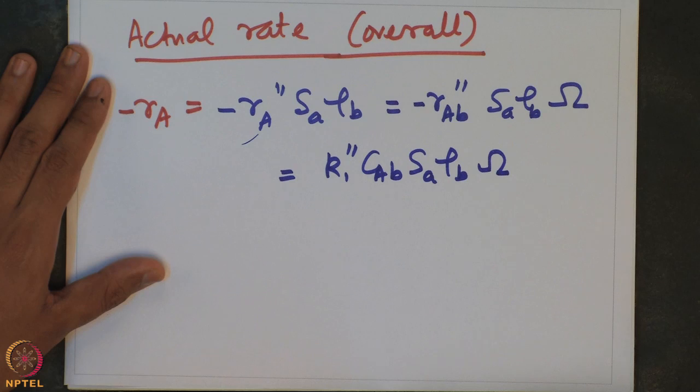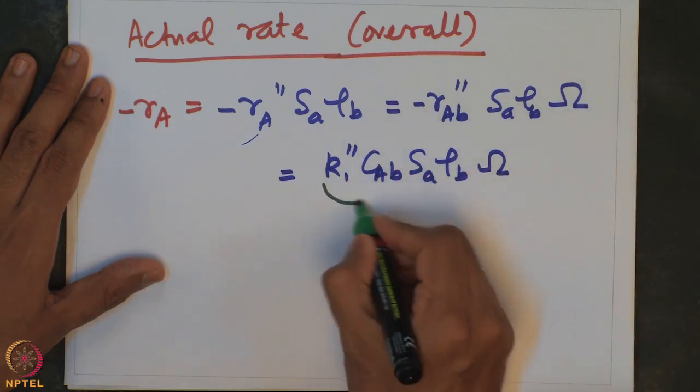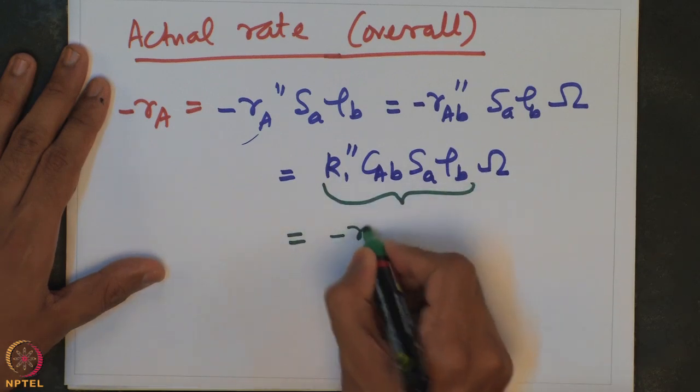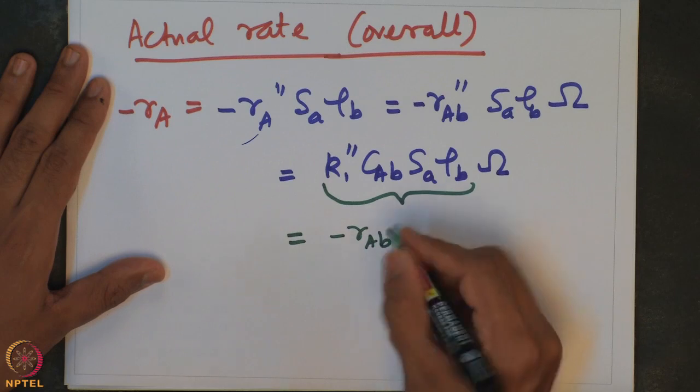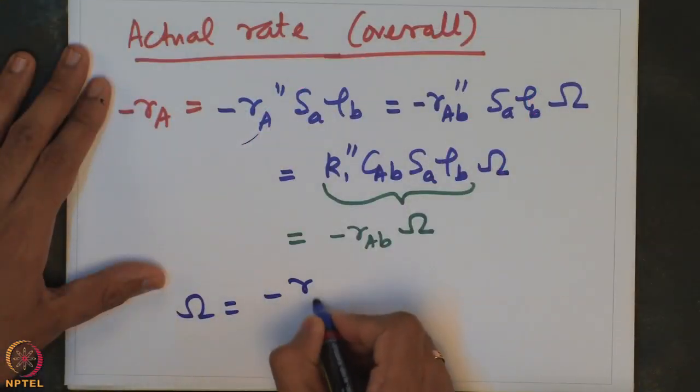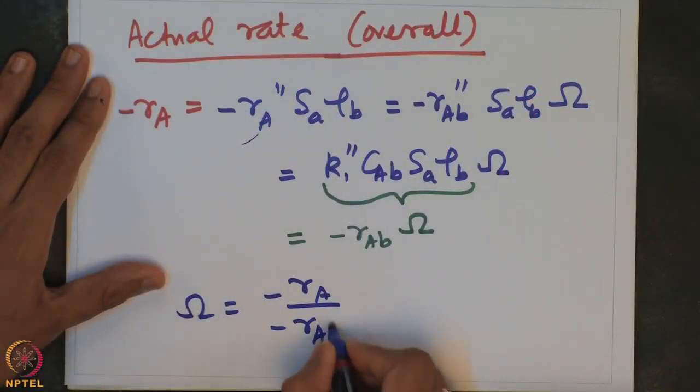Now, what is this term here? This is the overall actual rate at which the reaction happens if the entire surface is at the bulk condition. So, from here we can deduce that omega is also equal to minus Ra by minus Rab.